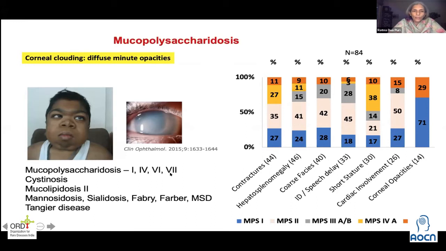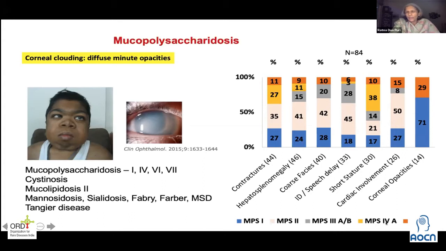And in type 3, you do not have corneal opacity, and you may not even see anything on slit lamp examination. Then there are these other disorders that I have listed where you do find opacities in the cornea. And this is a little cohort study that we had done. If you see, the last column is of the patients where corneal opacities are predominantly present in MPS 1, and the one on top is MPS 6.